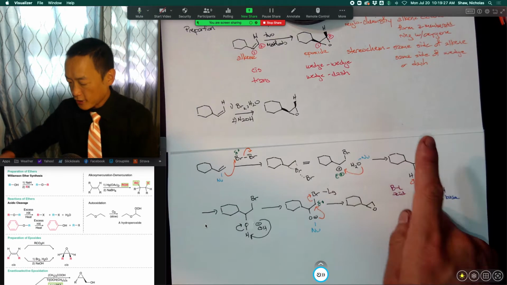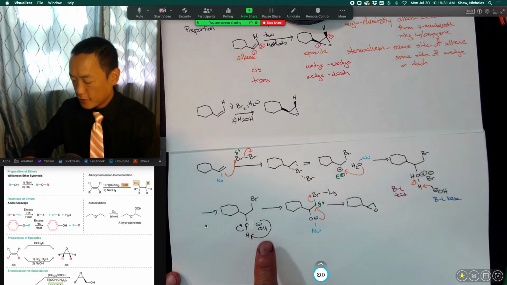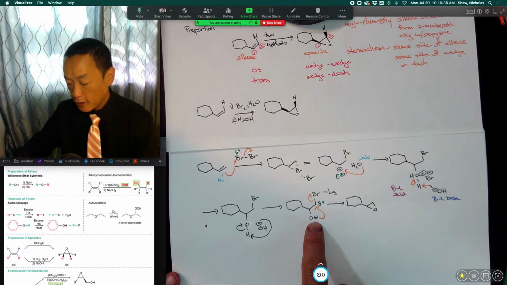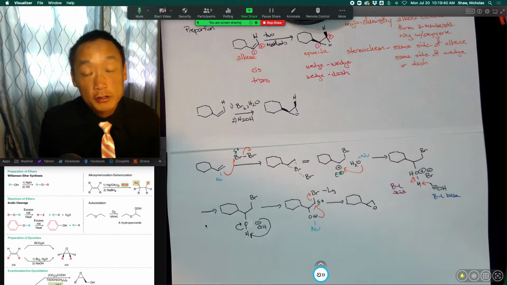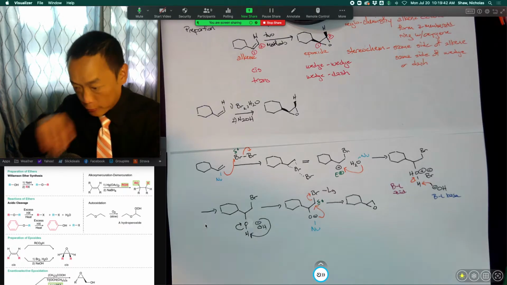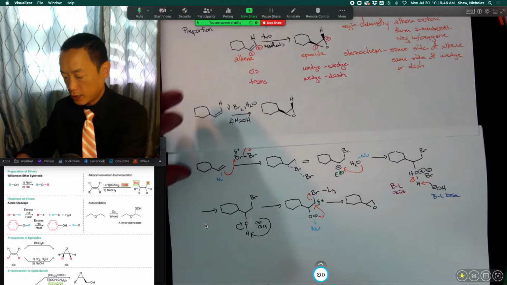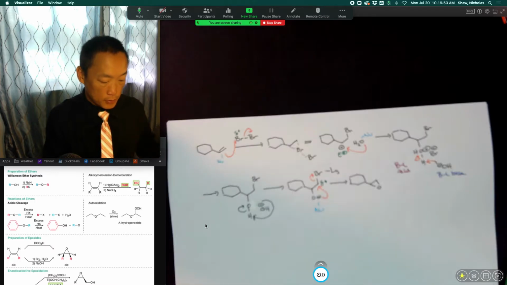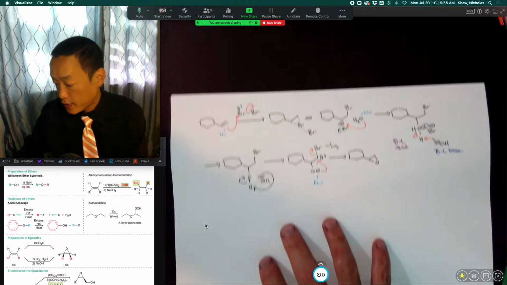And here we have deprotonation to make a strong nucleophile, alkyl halide addition to make an epoxide. So very similar to what you've already seen with Williamson ether. It's just kind of the combination of reactions that you've seen from the first unit of OChem, and then just deprotonation after that.